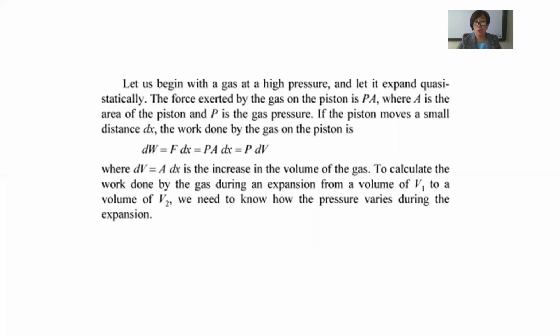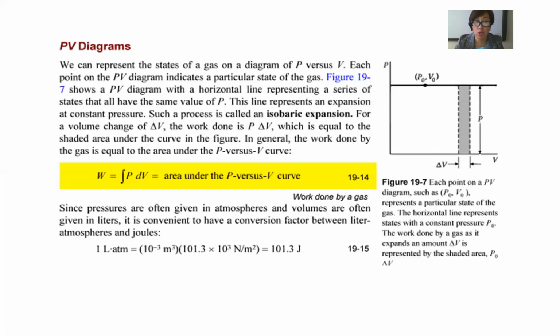This is the work done by the gas on the piston. We replace area multiplied by dx with dV, the volume change. To calculate the work done by the gas during the expansion from volume 1 to volume 2, we must know how the pressure varies during the expansion.